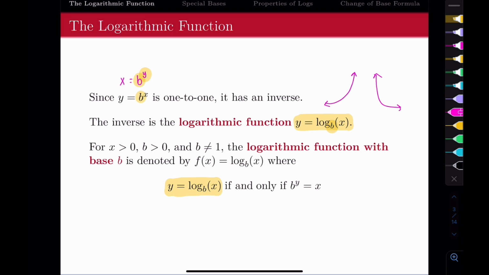The way this is defined is our base is b. This is the input of the logarithm, so it's the output of the exponential. And then the output for the log becomes the input for the exponential. So it switches those roles of x and y when we go back and forth between these two.